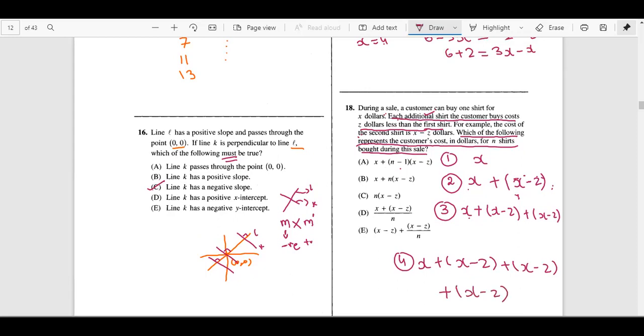When the customer is buying 2 shirts, he is paying X and X minus Z. When the customer is buying 3 shirts, he is basically paying X and 2 into X minus Z.